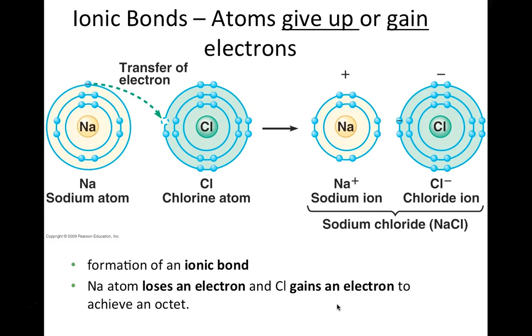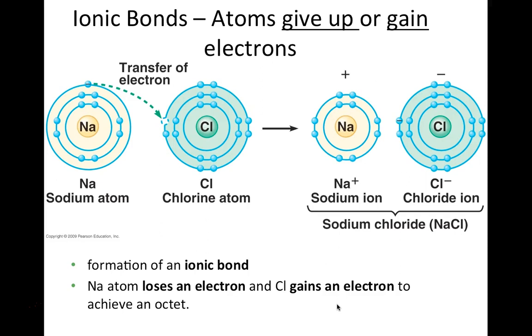We wind up with a sodium ion. That means an electron is missing from the outermost shell, and the corresponding positively charged proton in the nucleus of that sodium atom no longer has its negatively charged counterpart. So we describe this as a positively charged cation, or sodium ion.